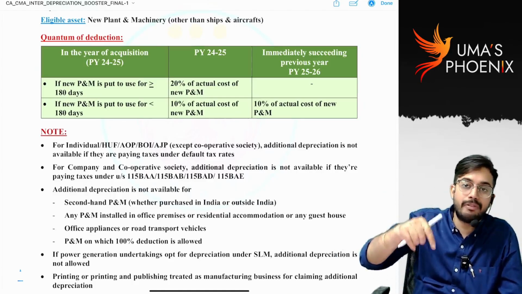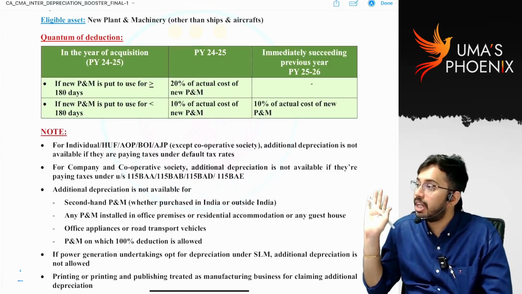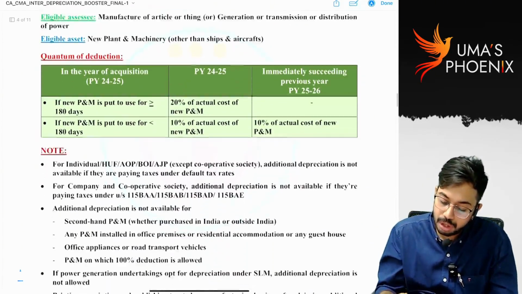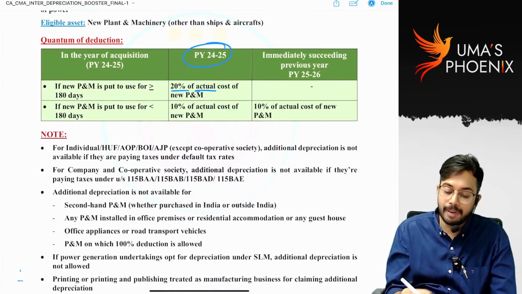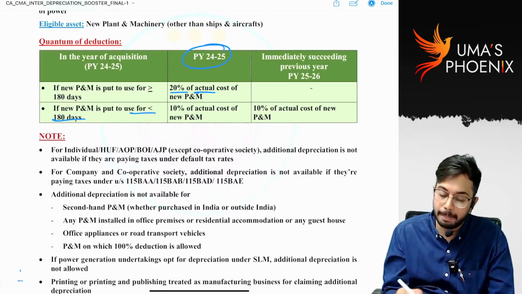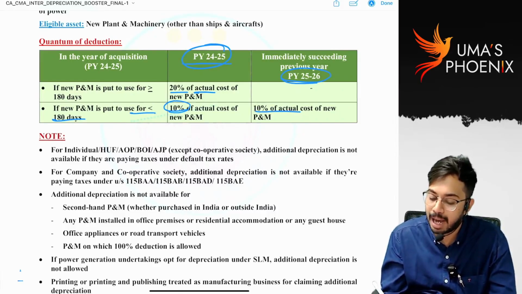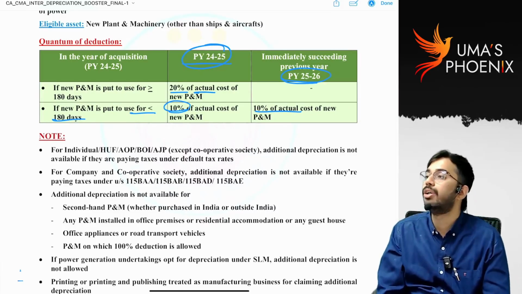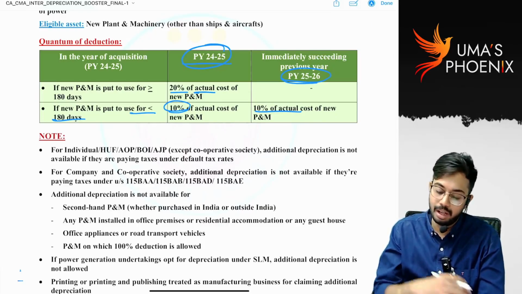Let's say in 24-25, new plant and machinery is purchased. Additional depreciation is 20% of actual cost in 24-25. If the asset is put to use for less than 180 days in 24-25, 10% additional depreciation is claimed in 24-25, and in 25-26 the balance 10% of actual cost of the new plant and machinery is additional depreciation. Is it clear, everybody?